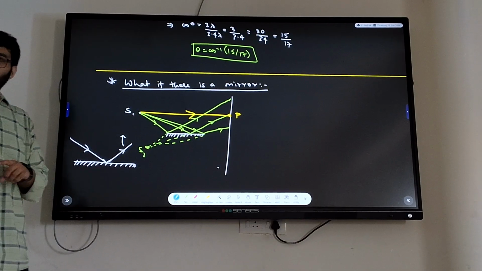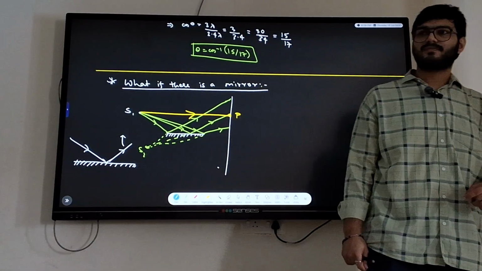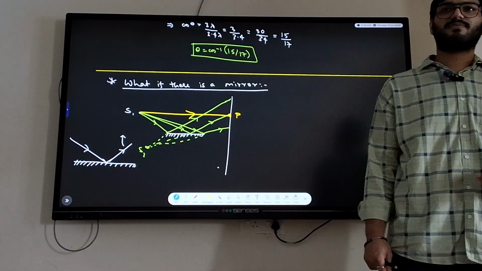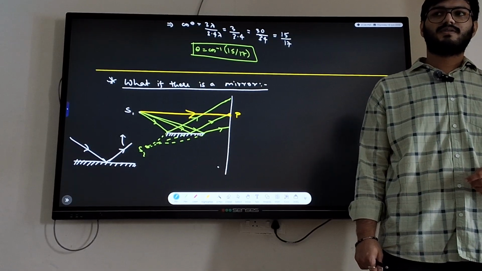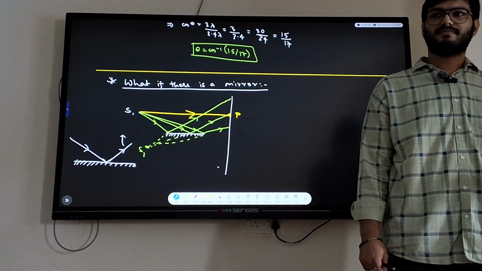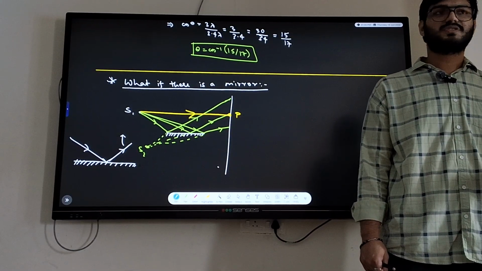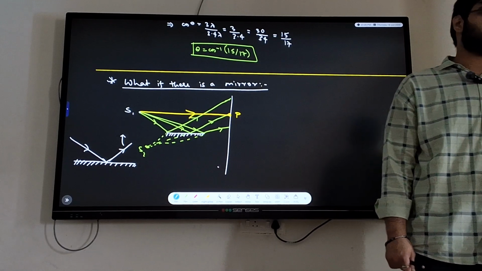So that means, what should be the conditions of maxima and minima now? Should they be the same? What should happen? They get interchanged.